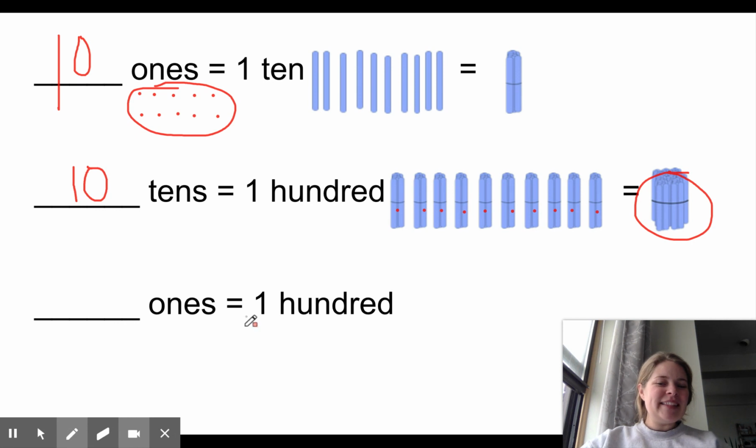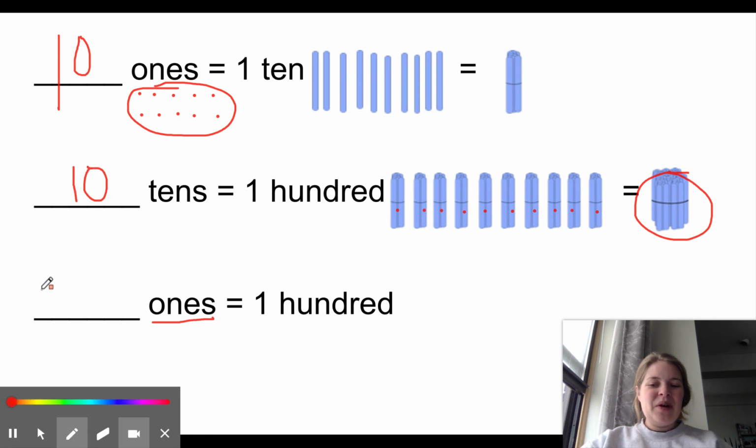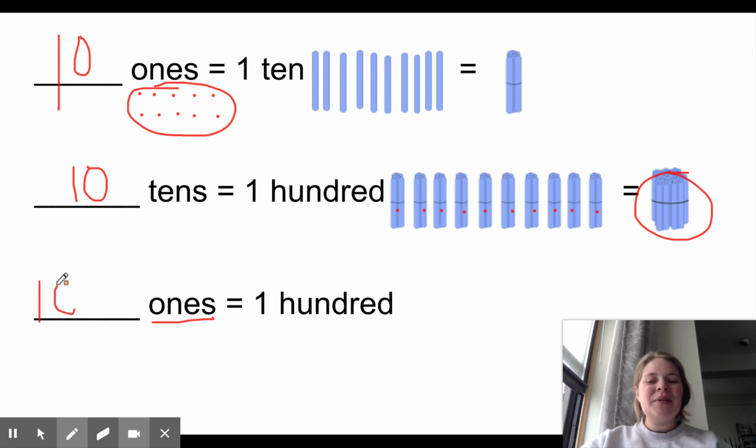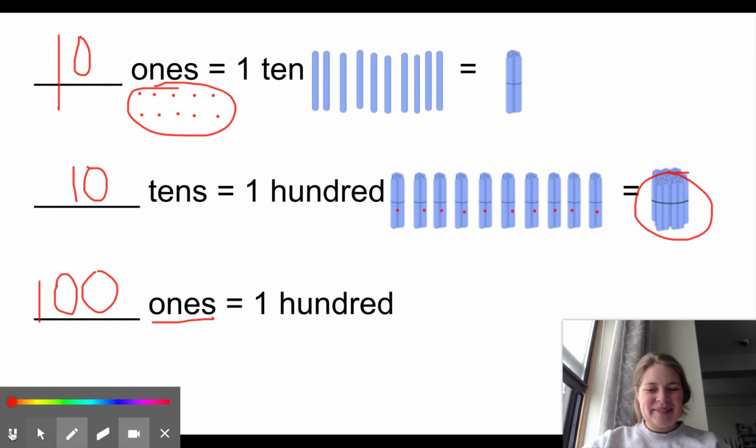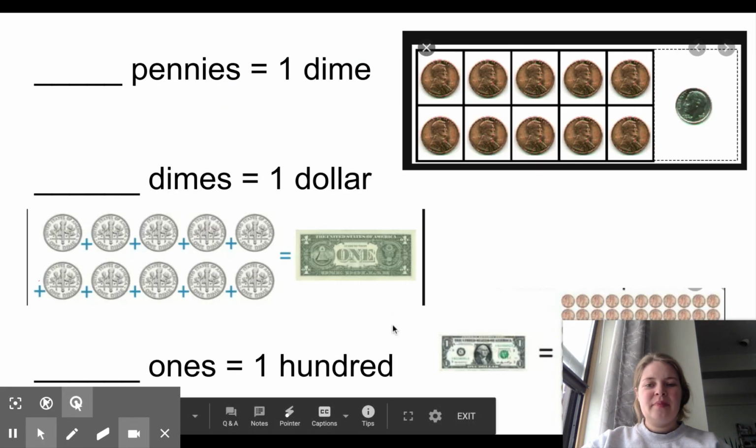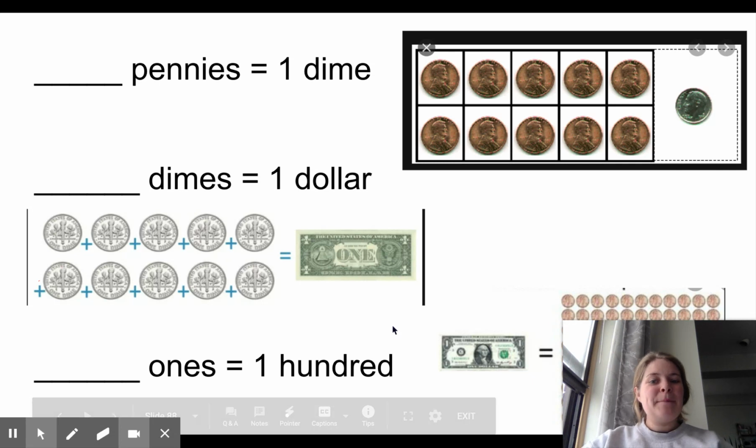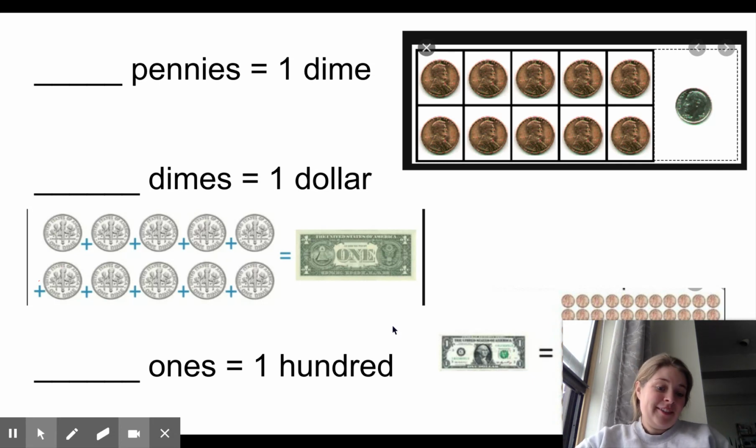So, knowing this information, how many ones equals 100? 100 ones equals 100. Good work, second graders. We can use this same idea with pennies, dimes, and ones.